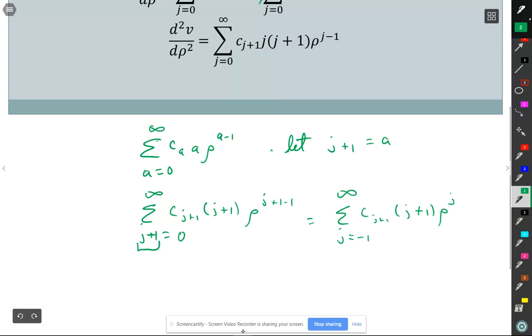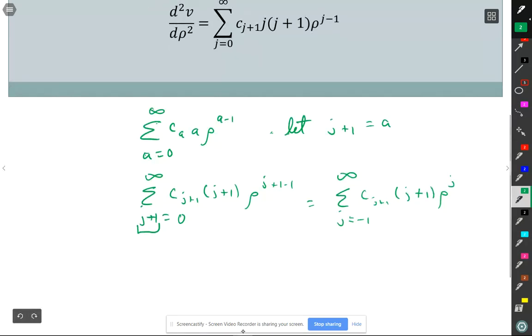I had starting at j plus 1 equals 0. So if I subtract 1 from each side, that becomes j equals minus 1. Now, if I start with j equals minus 1, j plus 1 is equal to 0. And so I'm going to get 0 for the first term here, which means I can rewrite this.